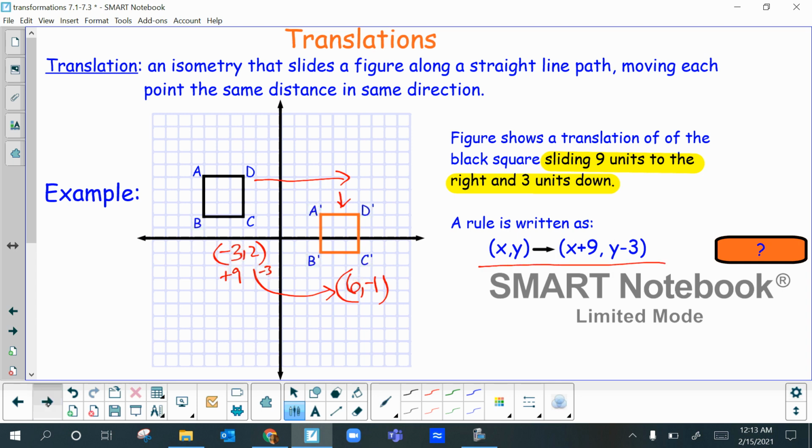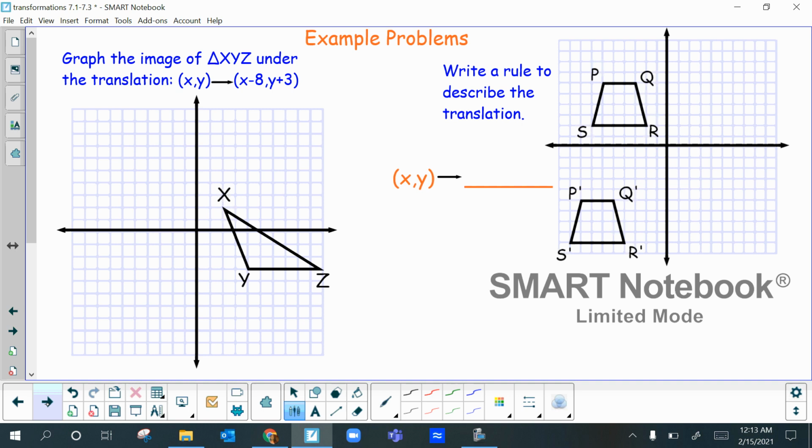So let's practice that. Here it says, graph the image of triangle XYZ under the translation, and they gave us the rule. So the rule is (x - 8, y + 3). That means we're going to go left 8 units and then up 3. So that's one way to look at that. So let me move this out of the way.